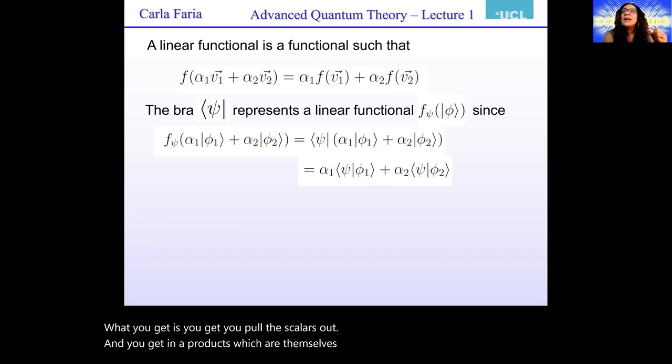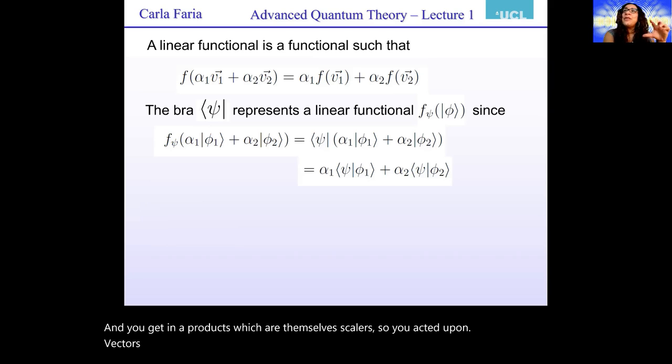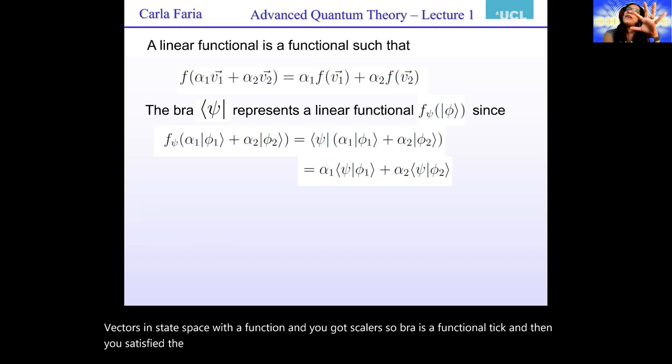So you acted upon vectors in state space with a function and you got scalars. So bra is a functional, tick. And you satisfied the linearity condition. So it is a linear functional.